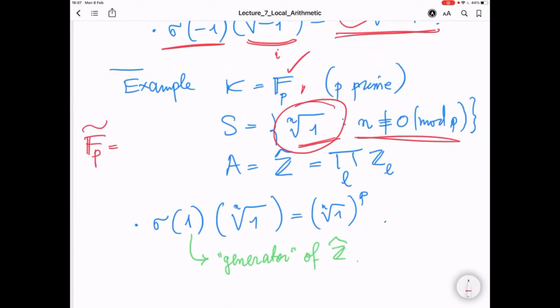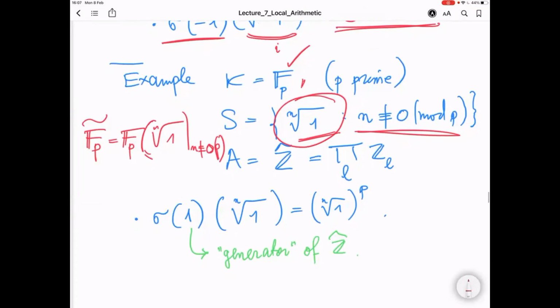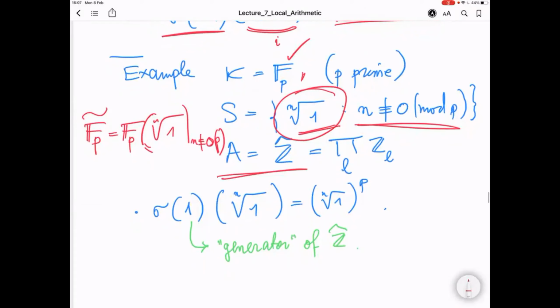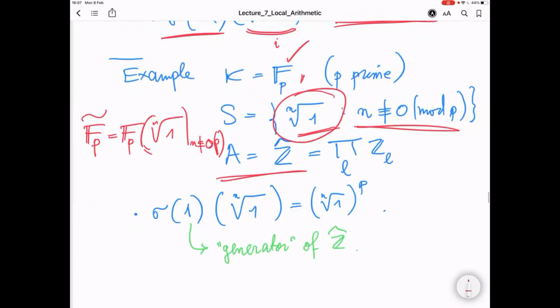So FP tilde is FP adjoin nth roots of 1, where n is not 0 mod P. And the known group A with which the Galois group is going to be isomorphic is Z hat.